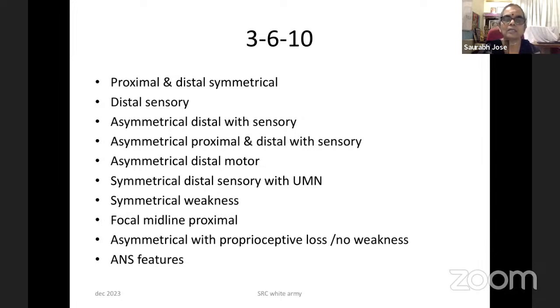Then asymmetrical distal with sensory. That becomes mononeuritis multiplex. So asymmetrical distal with sensory, mononeuritis multiplex, most likely Hansen's disease. Then asymmetrical proximal and distal with sensory. So sensory is there, but weakness is there.